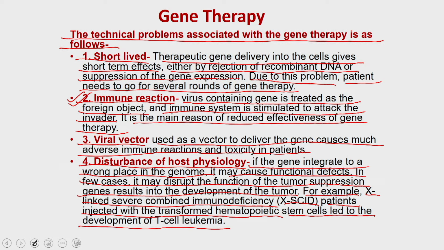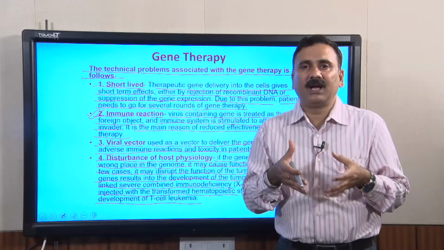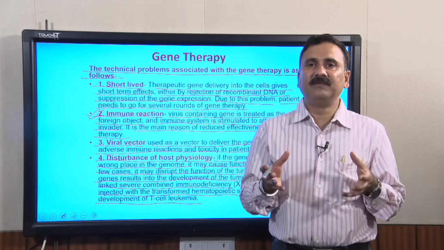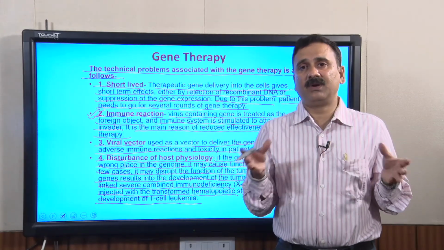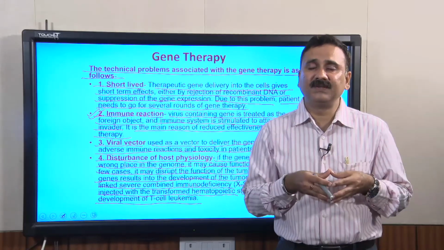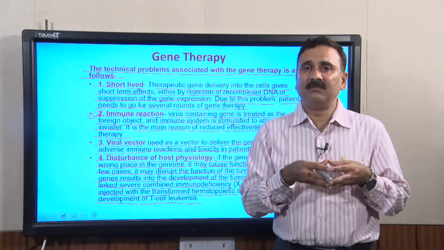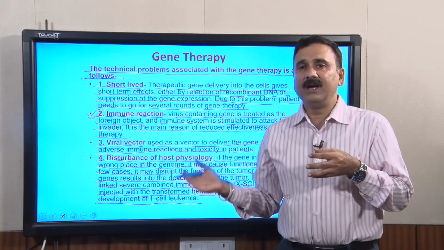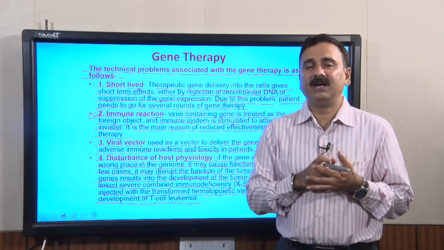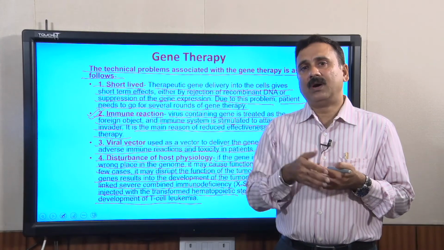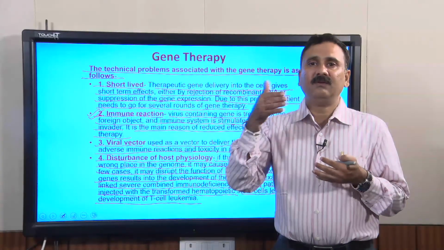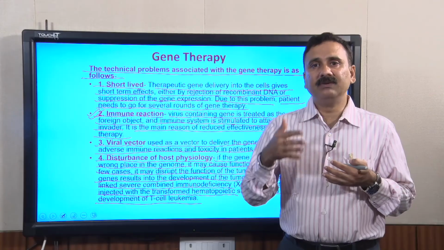So, there are two things that could happen. One is that you are putting an extra burden of viruses and recombinant DNA into the system, and you are disturbing the metabolism by providing an exogenously supplied enzyme, so you are going to disturb the physiology of that individual.